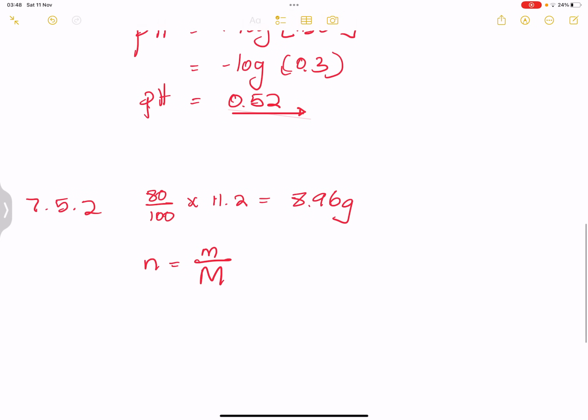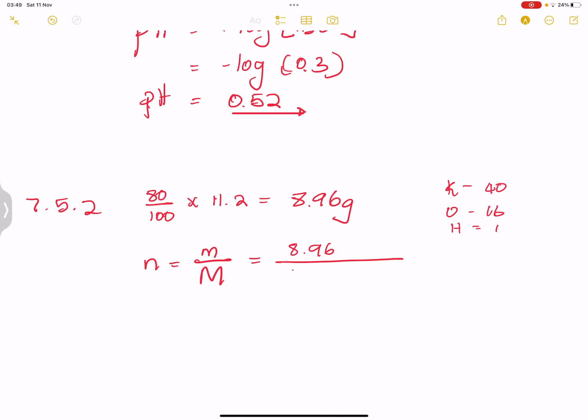So that's mass divided by molar mass, which is 8.96. Remember, when we go to the periodic table, potassium has a molar mass of 40 grams per mole, oxygen is 16, and hydrogen is 1. So we're going to add those up.